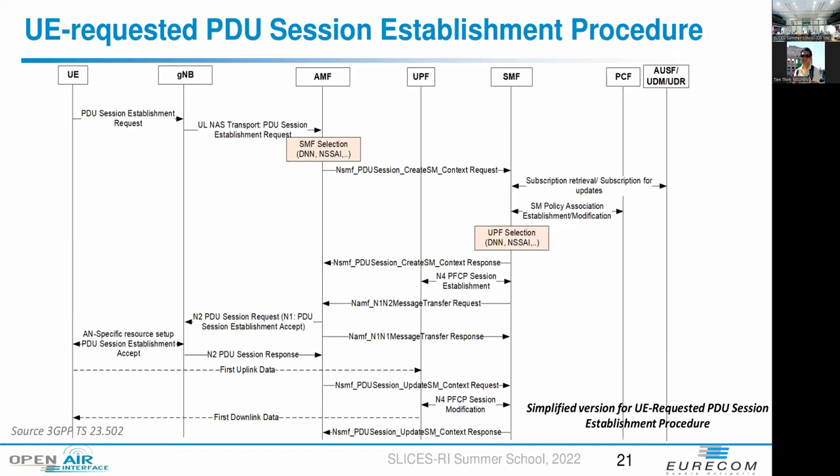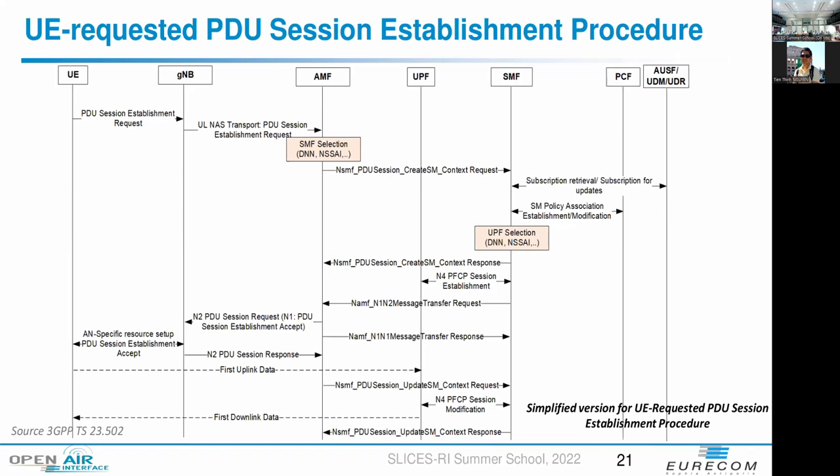And SMF needs to also contact the UDM to get some subscription information. Then if everything is okay, SMF will select the UPF again using the services provided by NRF, and then SMF will instruct the UPF to prepare for the PDU session.